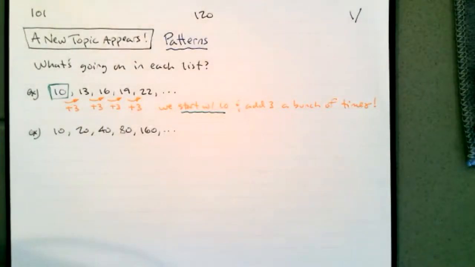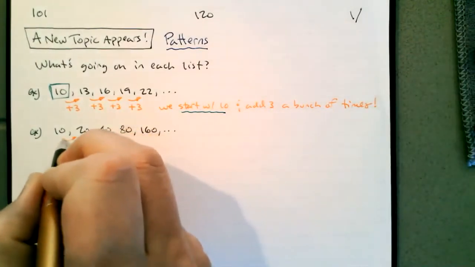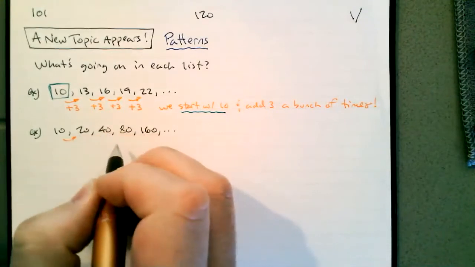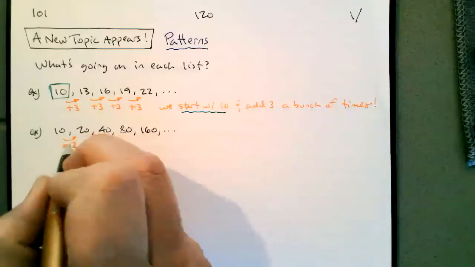So in this case, we notice that we're not adding the same amount each time. To go from 10 to 20, and then from 20 to 40, and 40 to 80, it looks like the amount is doubling each time. So 10 to 20, instead of reading this as plus 10, we can read this as multiply by 2.